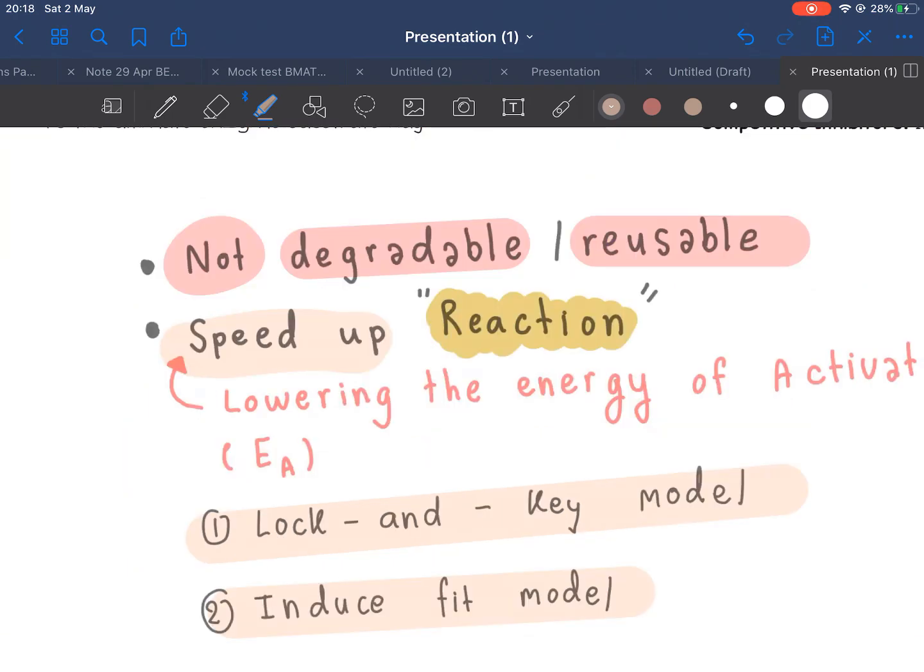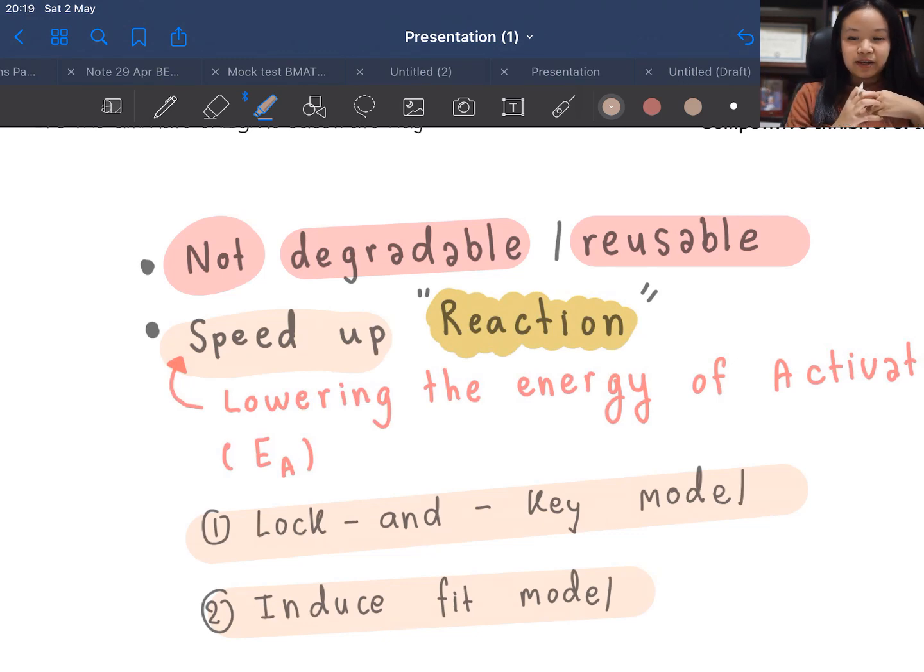See? And in the induced fit model, as I mentioned, it will slightly change itself for the enzyme and substrate to connect together, and once everything is finished, the enzyme will stay the same. So enzyme again is not degradable, and this has happened in SAT many times.